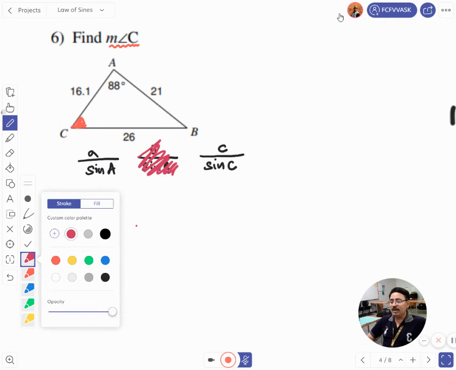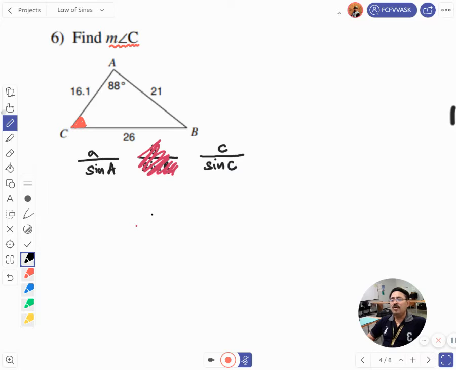Now, let me plug in these values. What is side A? Don't forget, the side opposite to angle A is 26, over sine 88 degrees, equals C. As I mentioned before, you may write it as side C, that makes it a little easier.